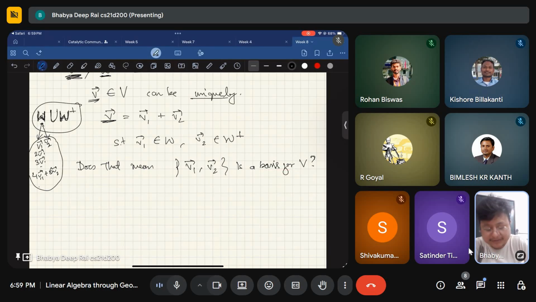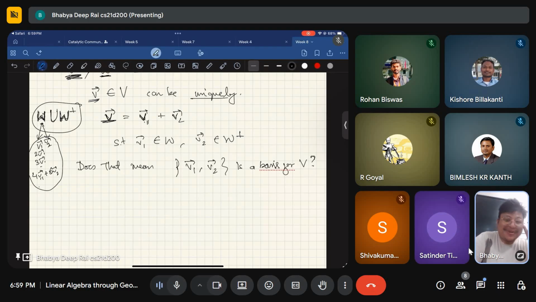W itself has so many linearly dependent vectors because it's a vector space, and it has all linear combinations possible within W. Now, the other part of the question is that any V can be written as V1 plus V2. So, isn't V1 comma V2 going to form a basis of vector space V? So that is another possible question that you may ask, right? Is this the question? Yes, sir.